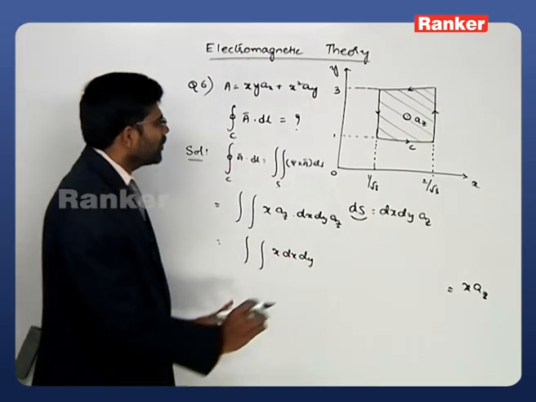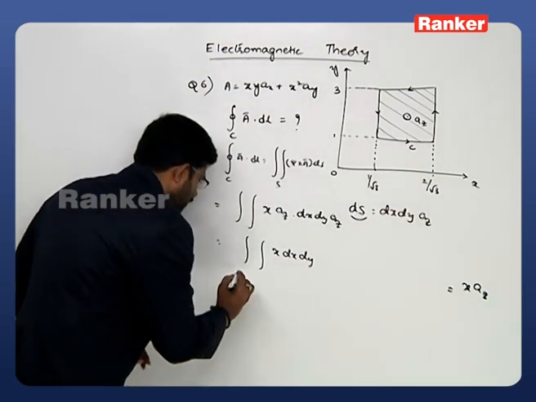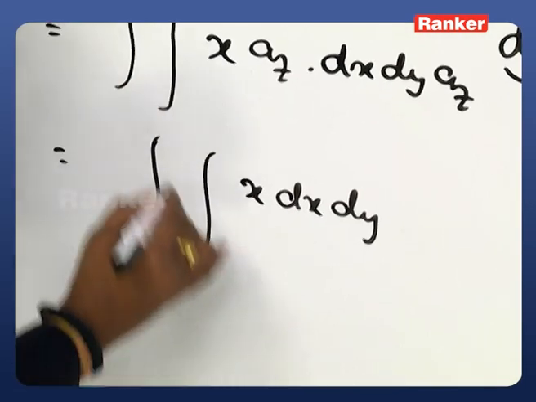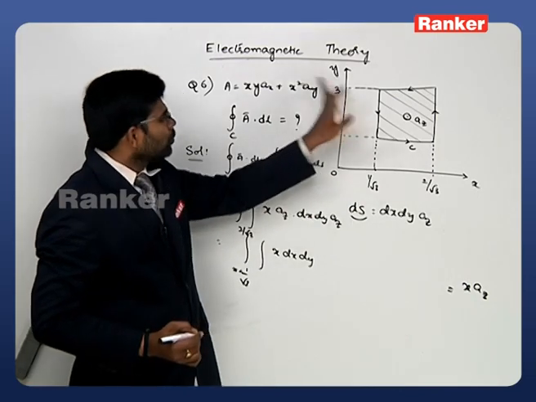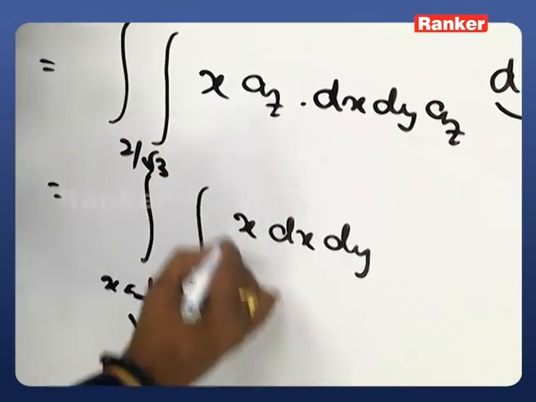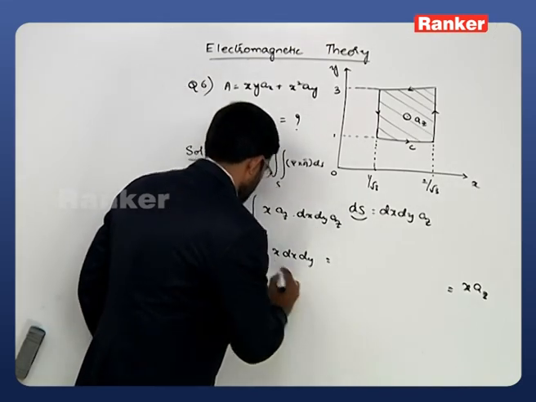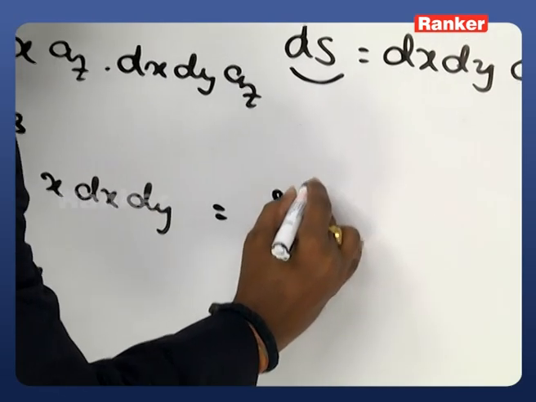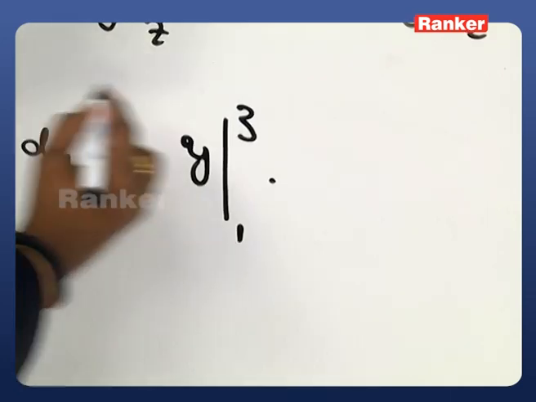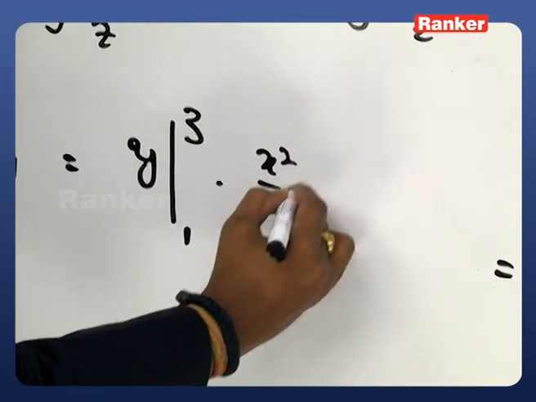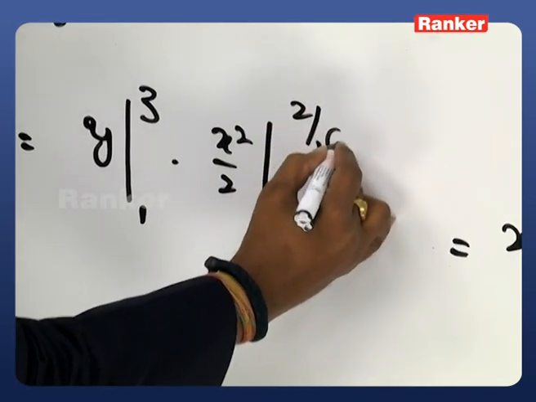So what are the limits of x? The x can be taken from 1 by root 3 to 2 by root 3. Y can be taken from 1 to 3. If you simplify, in the integration y is from 1 to 3 and x dx is x square by 2 from 1 by root 3 to 2 by root 3.